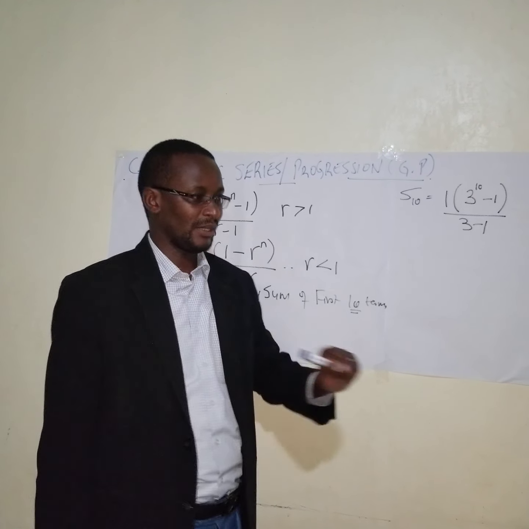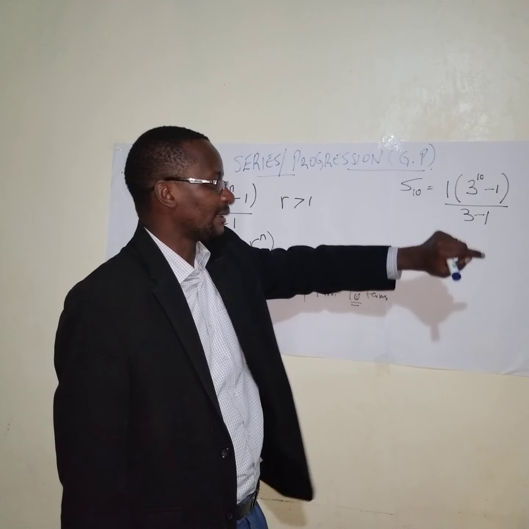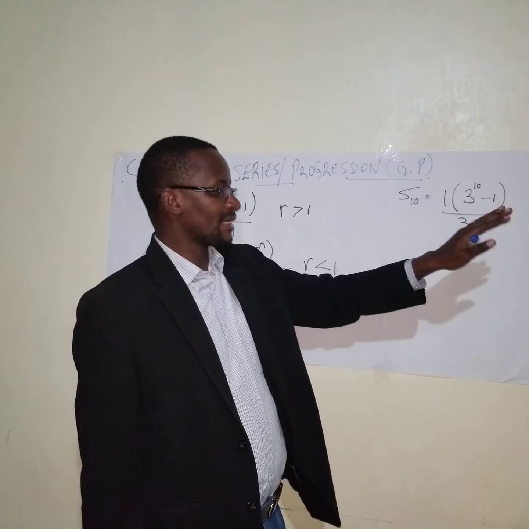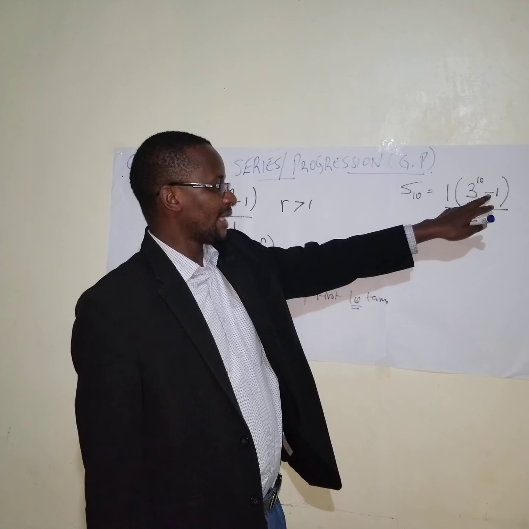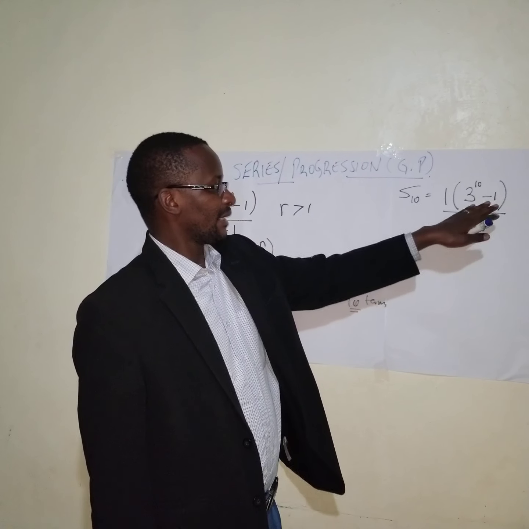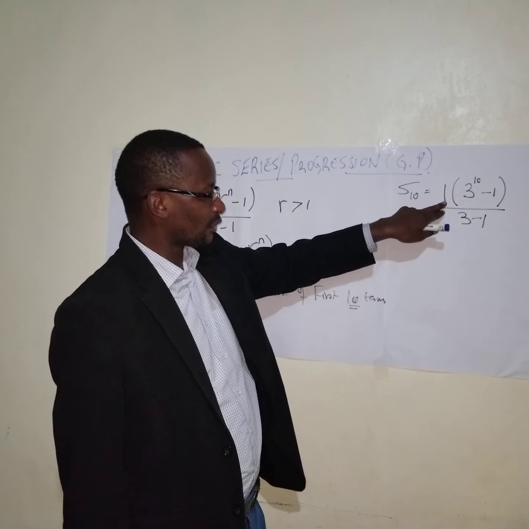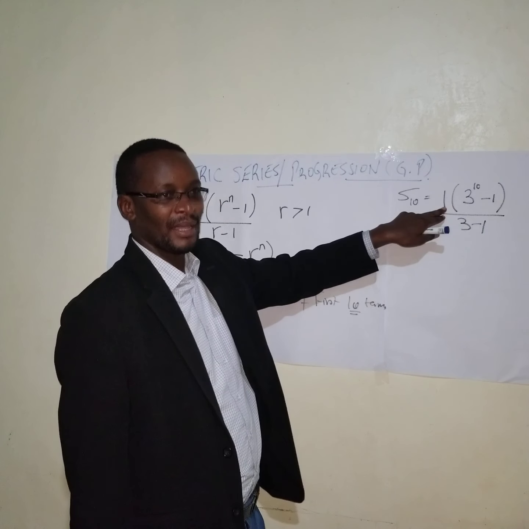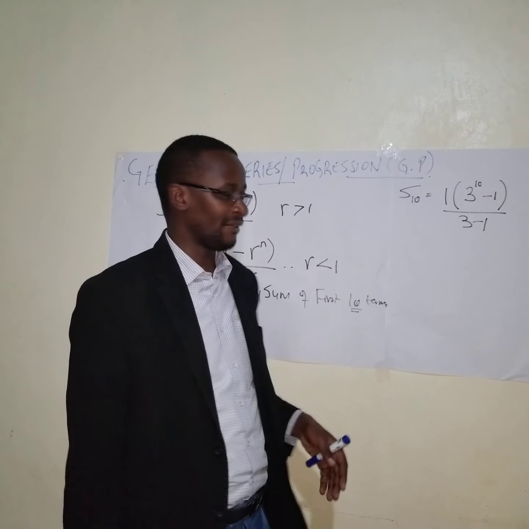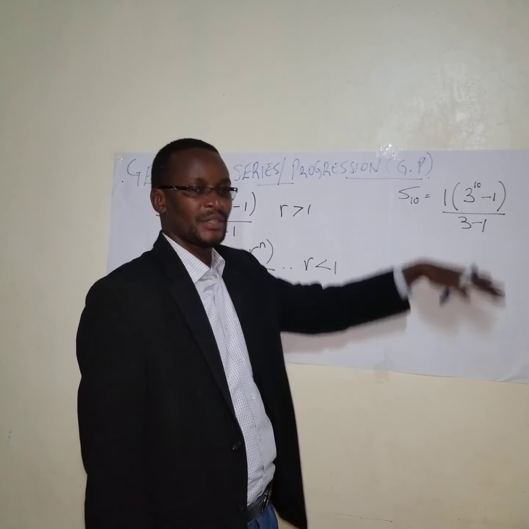So take your calculator, key in 3 raised to power 10, then put equals. Before you press the AC button, then subtract 1. Put equals again. If this number was not 1, you would have multiplied with the number. If it was 3, for example, you'd have multiplied by 3. But now it's 1. It does not make any difference. Then the answer you get here, you divide by 2, because 3 minus 1 is 2.